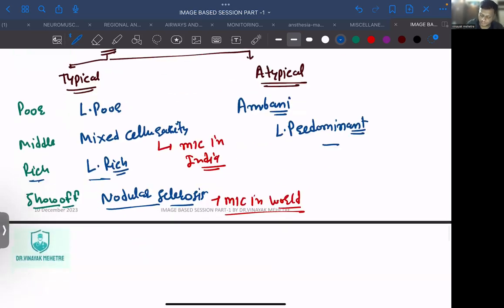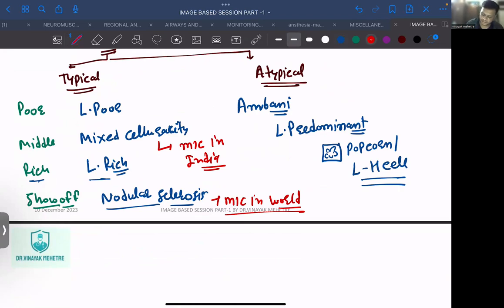So popcorn cell and le heroine cell, LH cell is seen in Ambani. Okay, LH cell will be seen in Ambani, right?